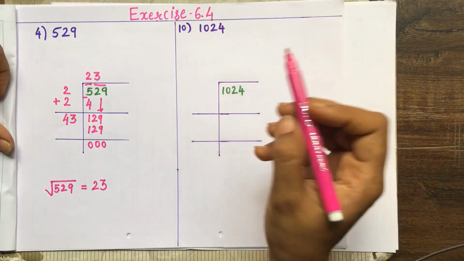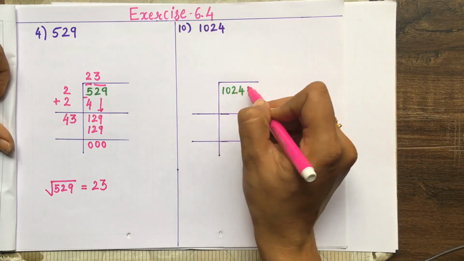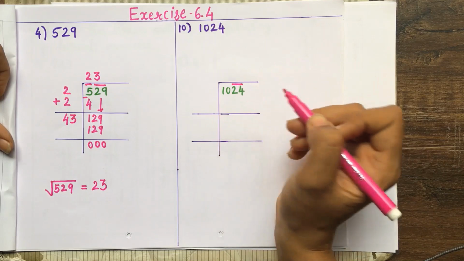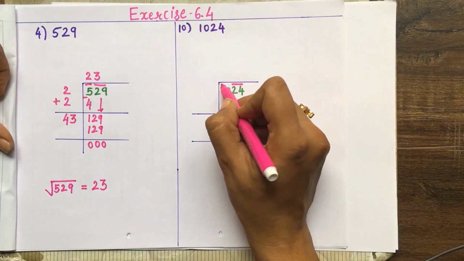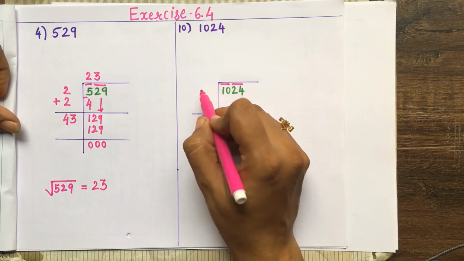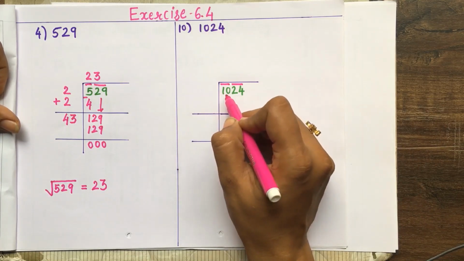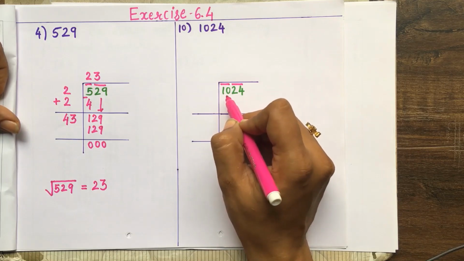Let's see one more number, that is 1024. So here again grouping the numbers from right hand side, one group will be of 24 and another will be of 10. Now here we have to choose a number such that square of that number should be less than or equal to 10.